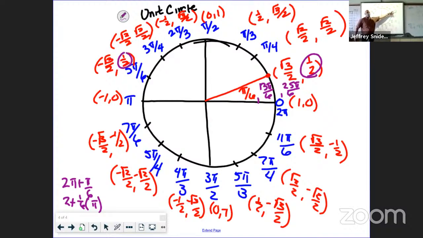Every 2 pi radians, this location repeats and this sine value repeats. When does this location repeat? Every 2 pi radians. When does this point repeat? Every 2 pi radians. When does this point repeat? Every 2 pi radians. Guess what we call that?